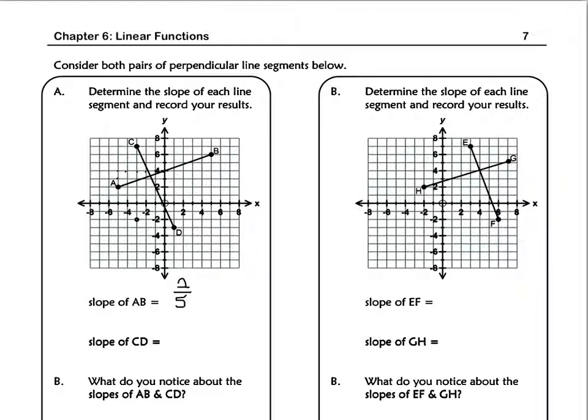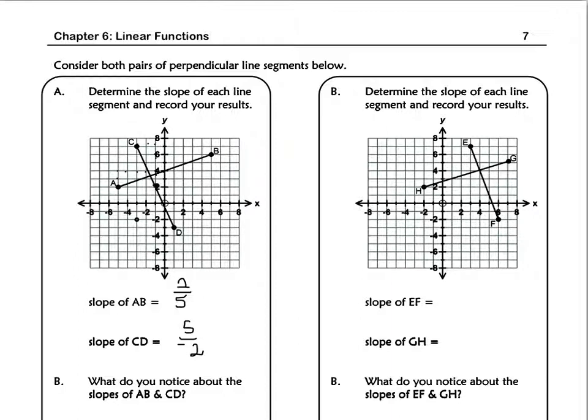And this time, CD, if I use this nice point here and C, we have a rise of 1, 2, 3, 4, 5, and a run of 2 to the left, so that would be 5 over -2. I'm just going to do the other graph at the same time here, before we answer the following questions.